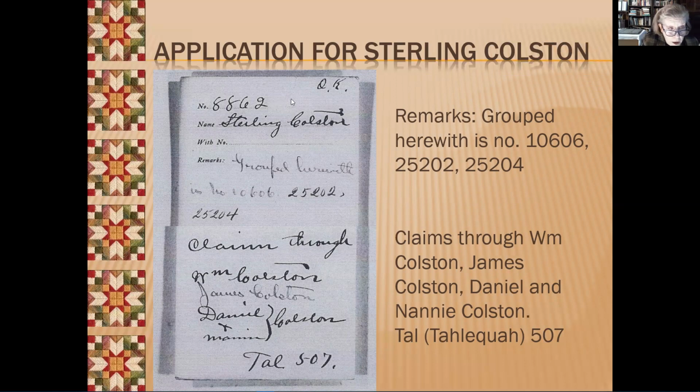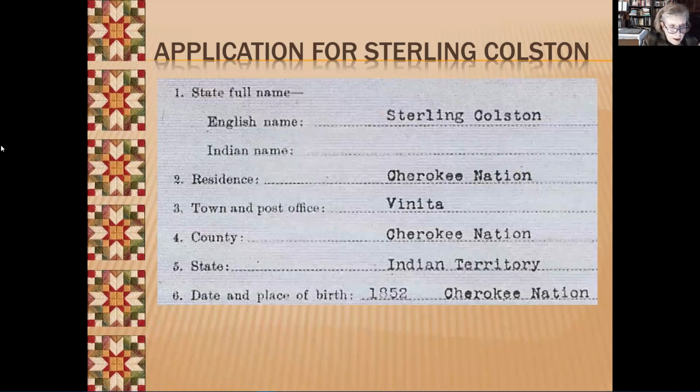So Sterling Colston is claiming through William Colston, James Colston, Daniel, and Nanny Colston, meaning these are the people who were on the Drennan roll. So fortunately, some of these applications, not all of them, are typed out, but this one was, so it makes it helpful to use for a slideshow.